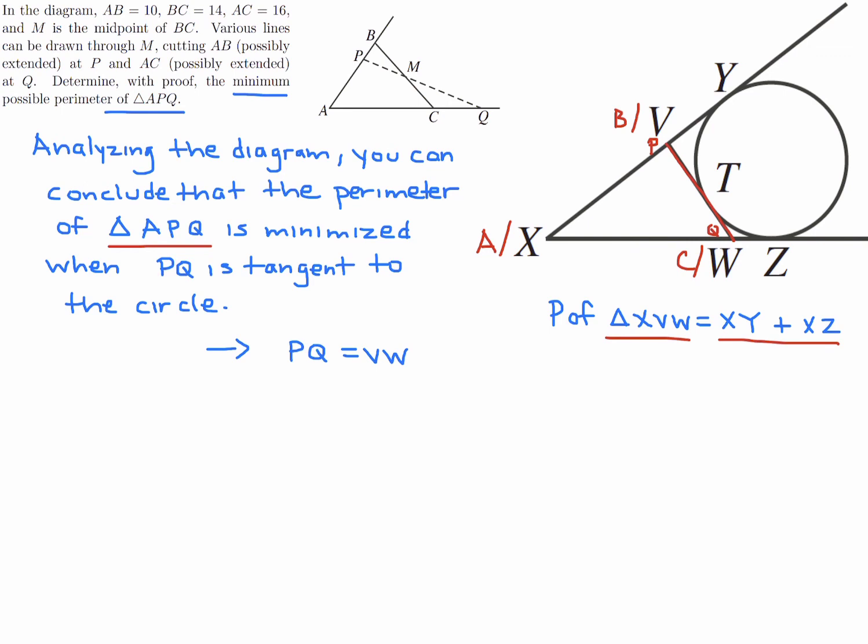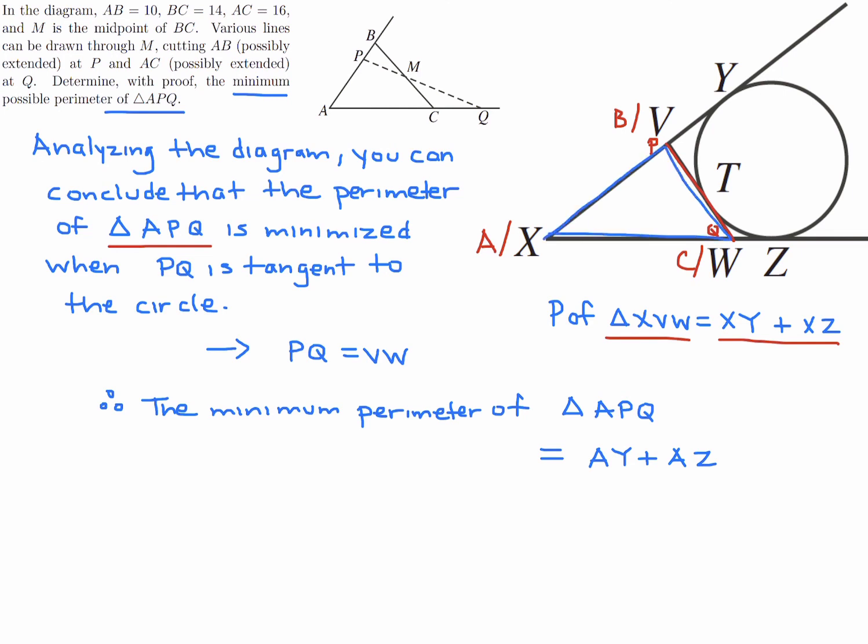We established that in part A. So therefore, the minimum perimeter of triangle APQ is AY plus AZ, right? This is triangle APQ, and the minimum perimeter is A to Y and A to Z. And that occurs when PQ is equal to VW.